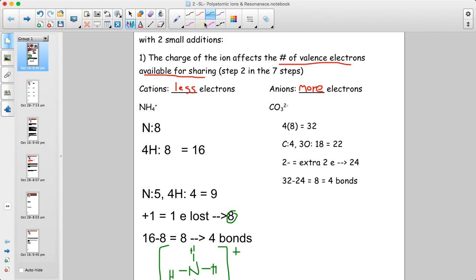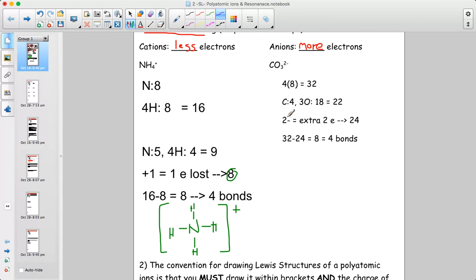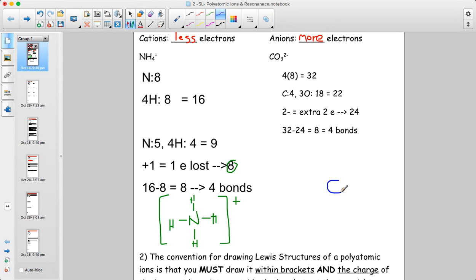I'm going to put the carbon in the middle because there's only one of it. I've got 3 oxygens, so I'm going to spread those out. And I have to spread out 4 bonds to 3 things, so let's give 2 of them to one oxygen, and let's give 1 to the other oxygens. I then check, okay, carbon has the octet, so carbon's all set, but these other ones need their octets, so that means 2 pairs on this oxygen and 3 pairs of lone pairs of electrons on the other ones.